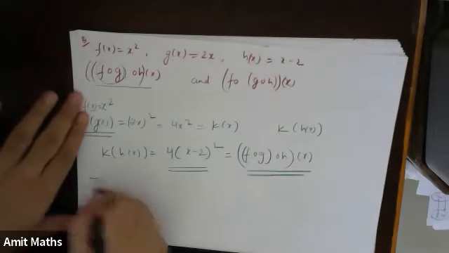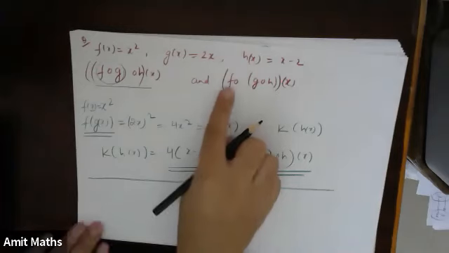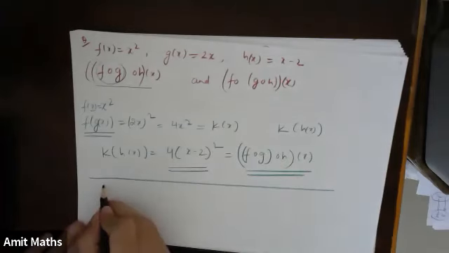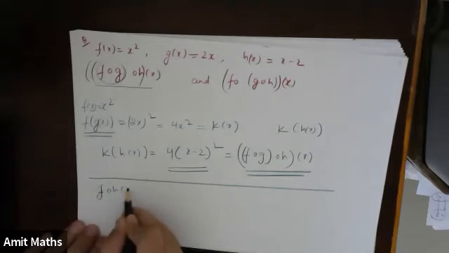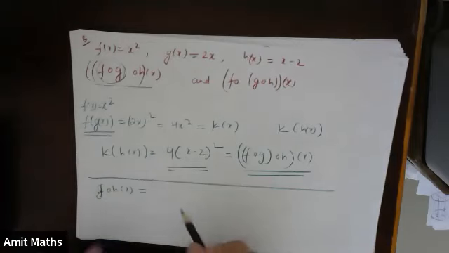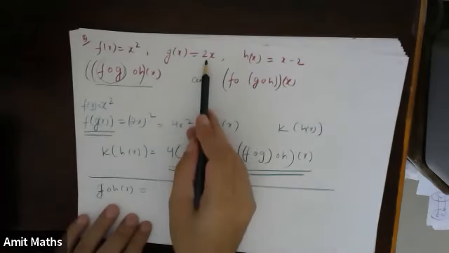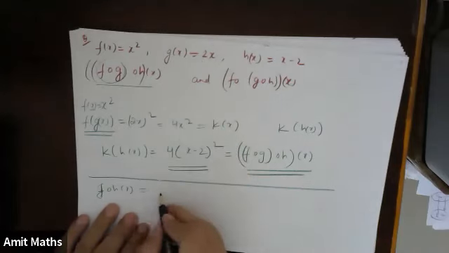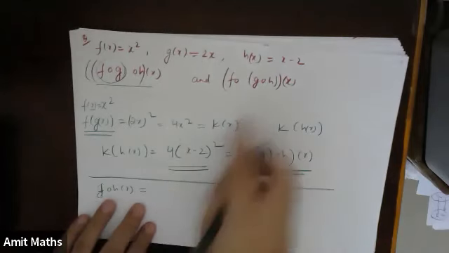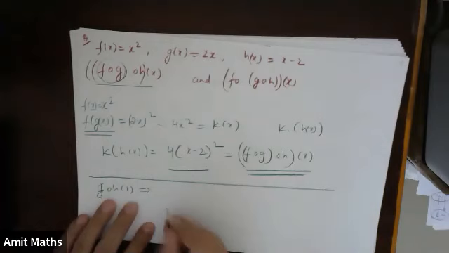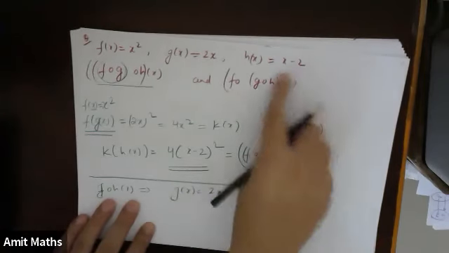Next, now I have to find f of g of h. So first I'll find g of h of x. g of x is given as 2x, and h of x is x minus 2.